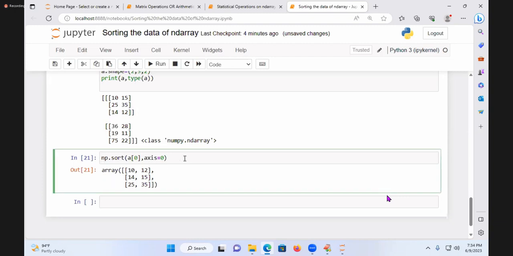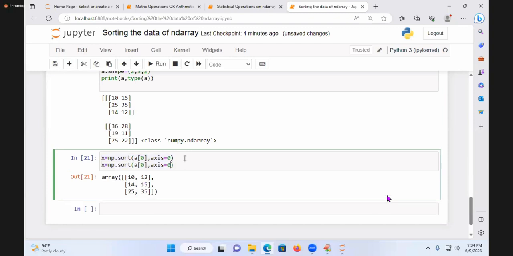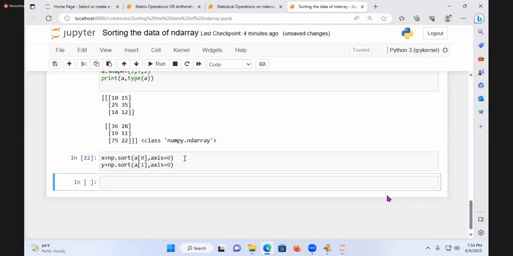And x is equal to, next y is equal to 1, I will say, done.